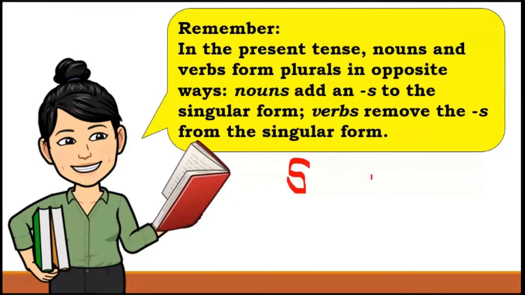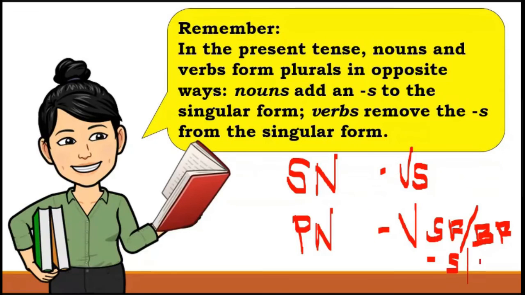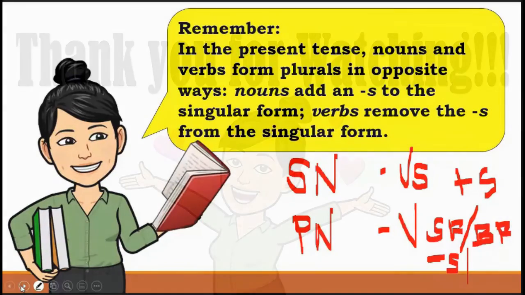So kapag singular ang ating noun, yung ating verb ay may S. Kapag plural ang ating noun, yung verb natin ay singular form o simple form o base form. Walang S or ES. Dito nilalagyan natin ng S. Dito naman wala, hindi tayo naglalagay niyan. Okay po ba? Baliktad po yan ha. Okay.